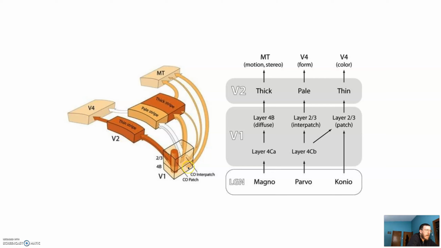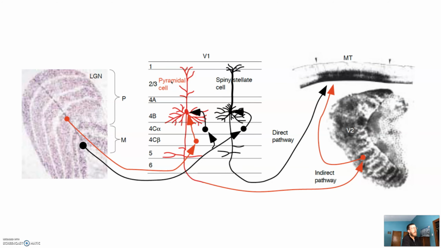However, the motor cortex has this direct route from primary visual cortex that bypasses V2 and goes directly to the motor cortex, which we'll see again in this next slide. This is a slide from the textbook showing the same image we had of the thalamus, and the incoming information from the thalamus to V1 synapsing on different layers of V1, 4C alpha versus 4C beta.